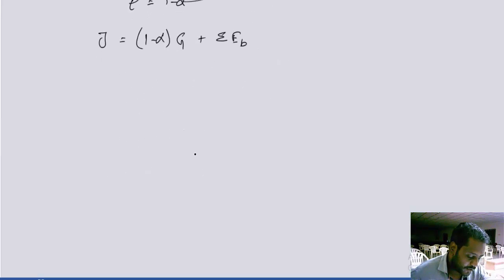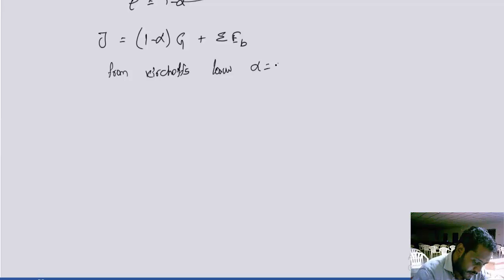From Kirchhoff's law, you know that alpha equals epsilon. Substituting this, we get J equal to (1 minus epsilon) into G plus epsilon into EB.